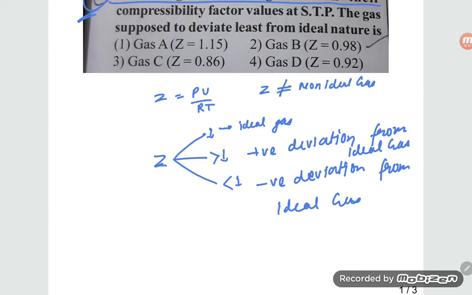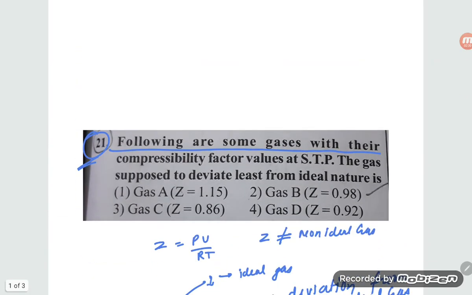So dear student, let us try to understand. Suppose we have the Z value 1 and then we increase the value. The greater the positive change, the greater the deviation. Here the options are 1.15, 0.86, 0.92, 0.98.